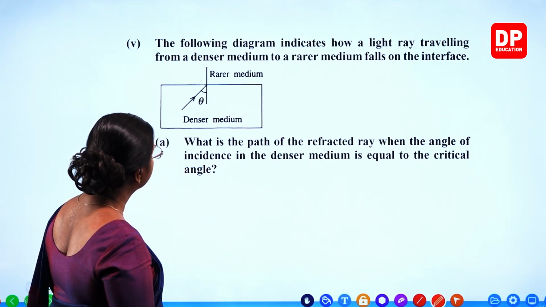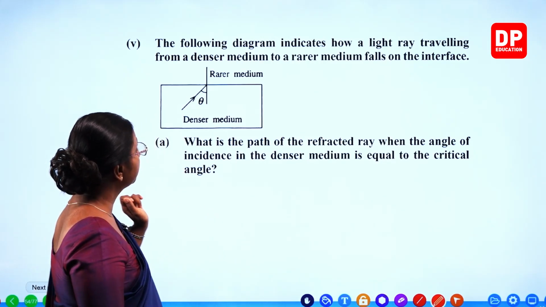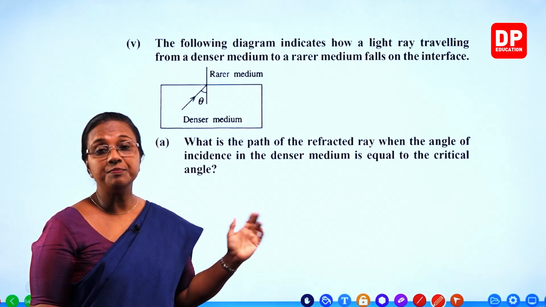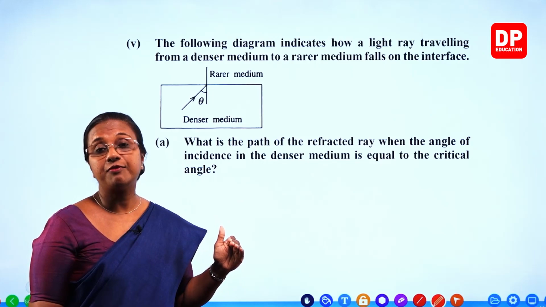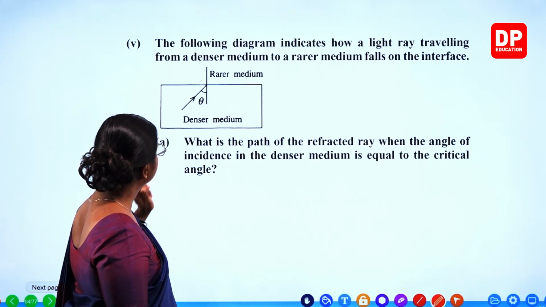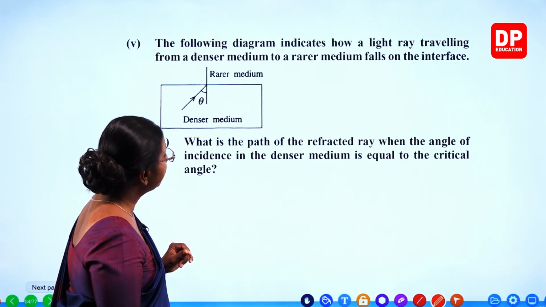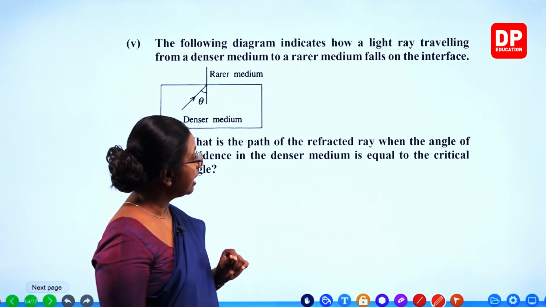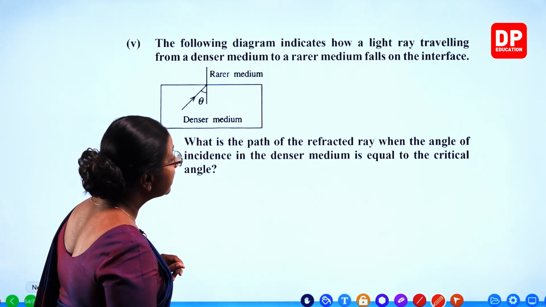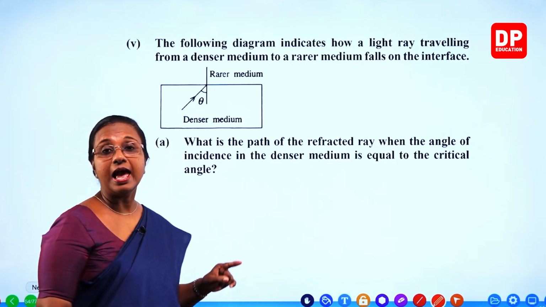But you all know, students, when it is from denser medium to rarer medium, it refracts away from the normal. That is something you can remember. So, A part, what is the path of the refracted ray when the angle of incidence in the denser medium is equal to the critical angle?